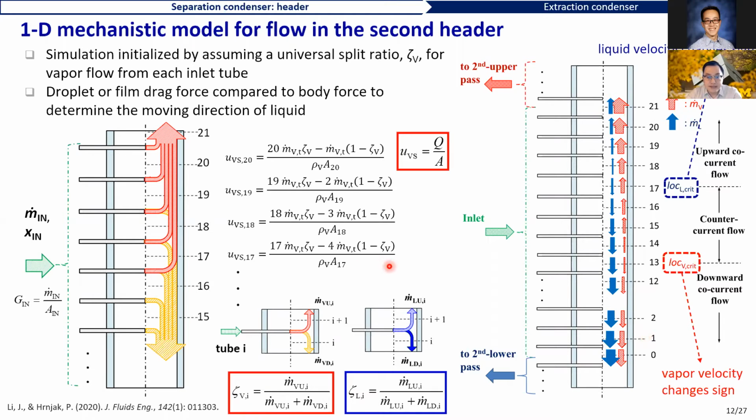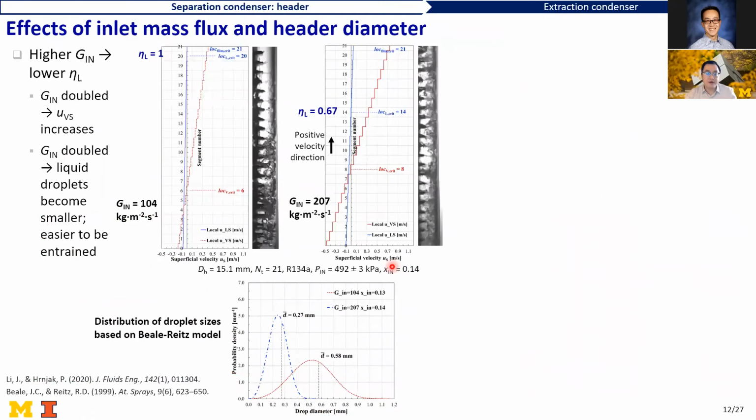So this model has been validated by our experimental results. And with this model, together with the flow visualization, we can explain in more detail why the separation efficiency happens.